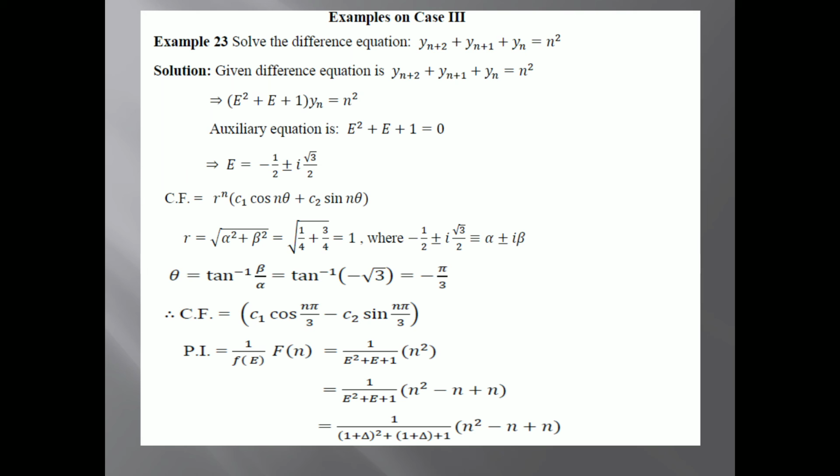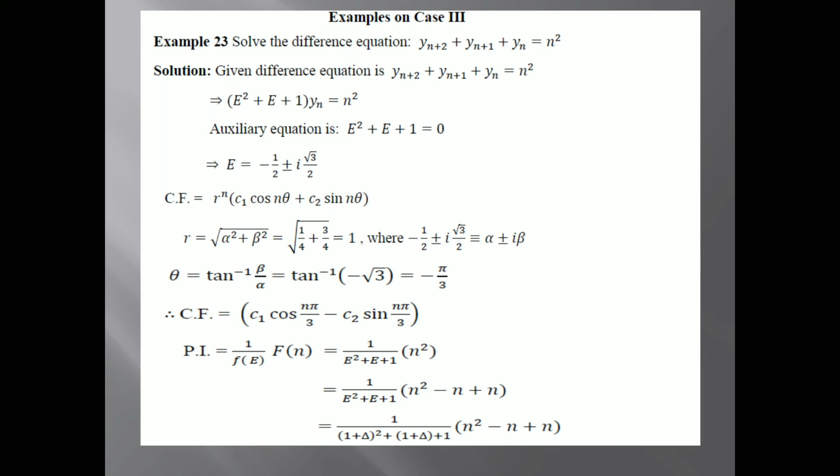So here we take the function n square minus n plus n, then use the relation between the shifting operator and delta, as 1 upon E square minus E plus 1.